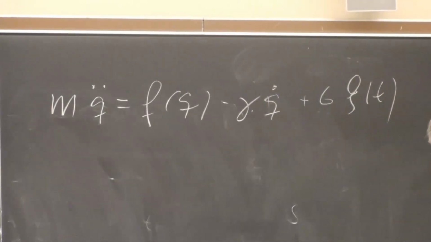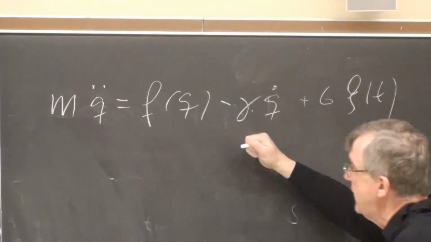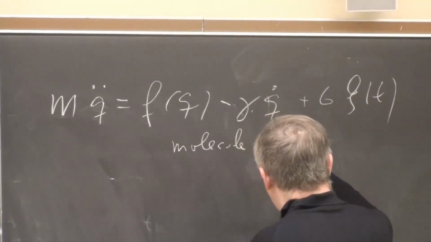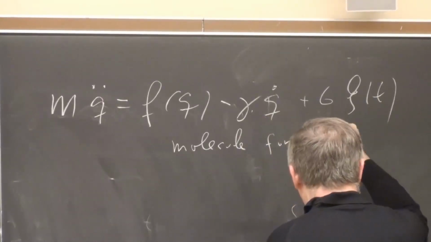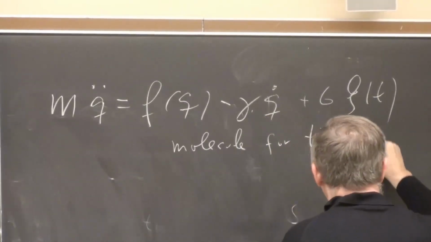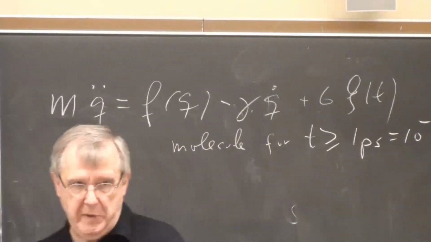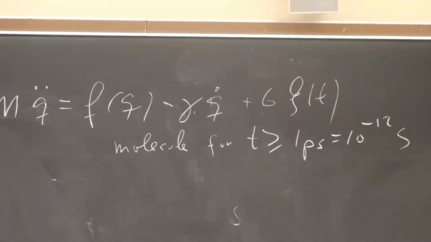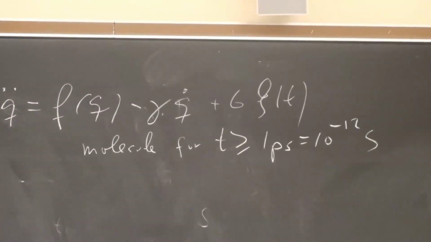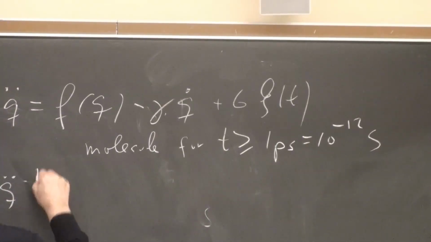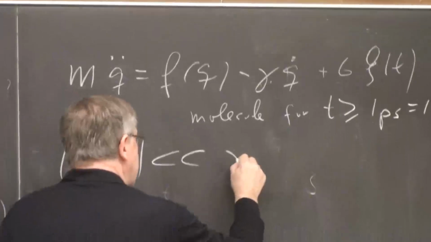And now we realize something: if you apply this to a molecule, the relevant times are about a picosecond, equal to 10 to the minus 12 seconds. So for the times you are really interested in your experiments, it turns out that m q double dot is much smaller than gamma q dot.